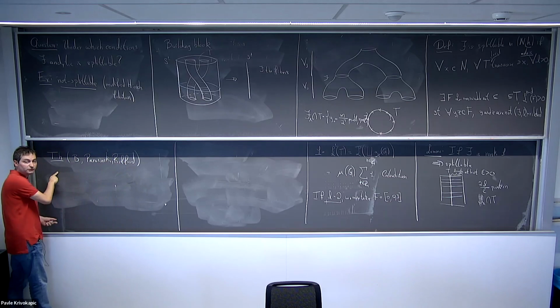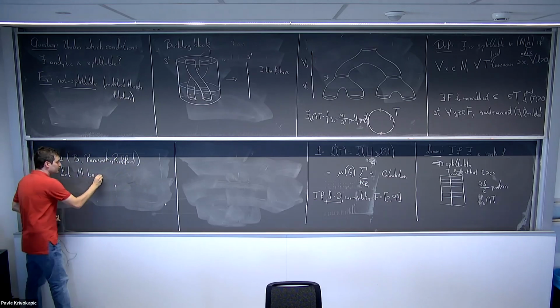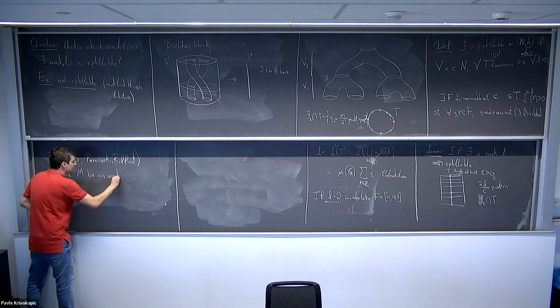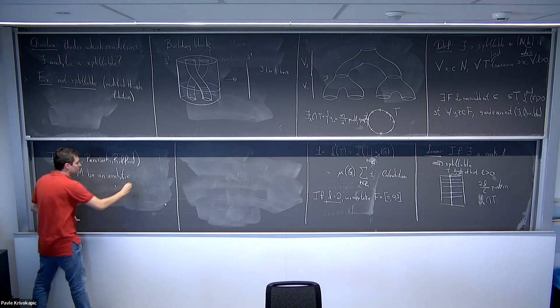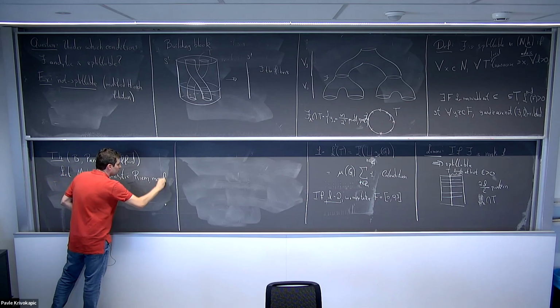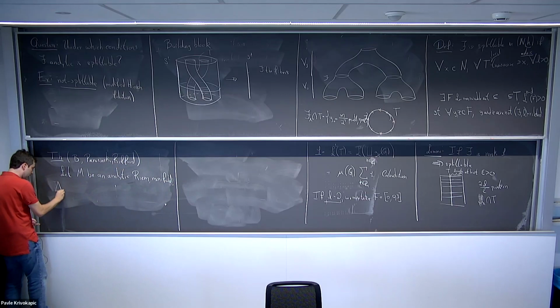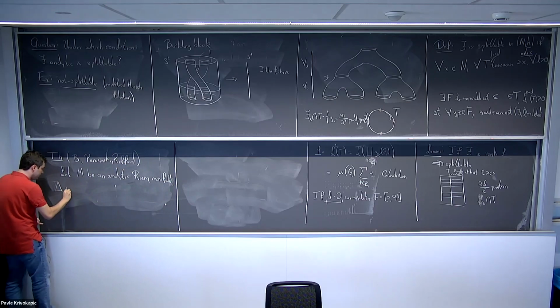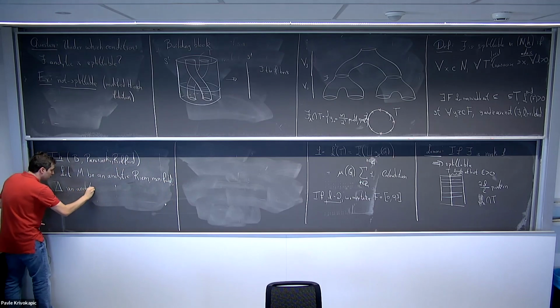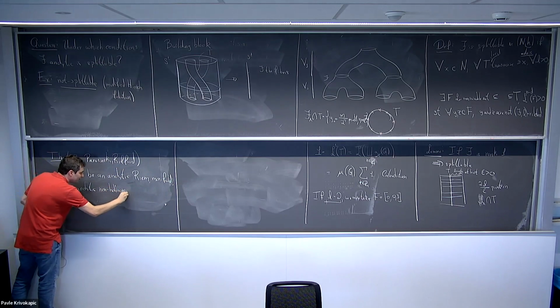So here's going to be the setting that I'm interested in. Let M be an analytic Riemannian manifold, everything real. And now something that I will define, Δ, an analytic non-holonomic distribution.